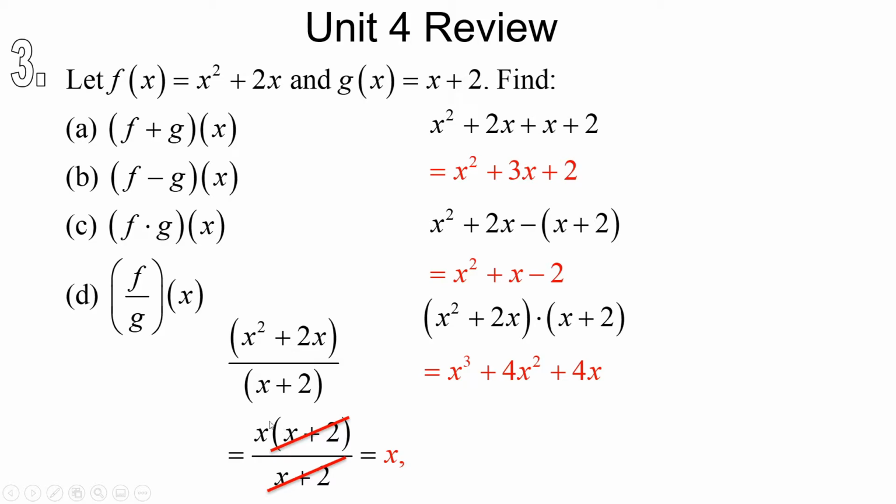That implies x cannot equal negative 2, because negative 2 plus 2 would be 0, and we cannot divide by 0. So I'm just going to say x cannot equal negative 2. And there you have it. Make sure you know how to add, subtract, multiply, and divide functions. And usually in the division, you're going to have a domain restriction.